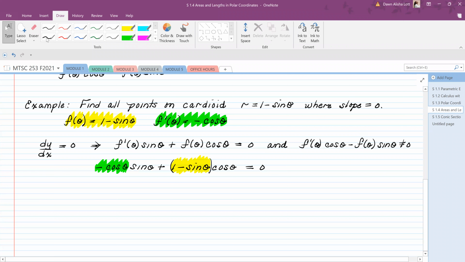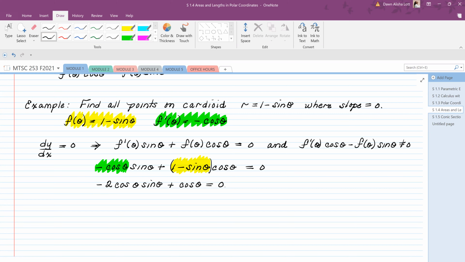And that gets multiplied by cosine. Okay, so now I get negative cosine sine theta, another negative cosine sine theta. So I get minus 2 cosine theta sine theta. And then I get plus cosine theta is equal to 0.